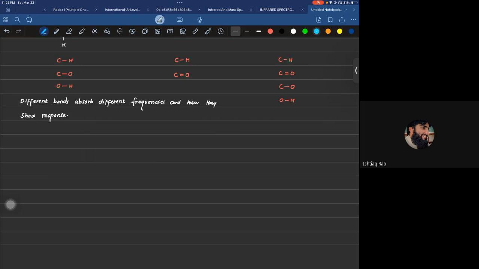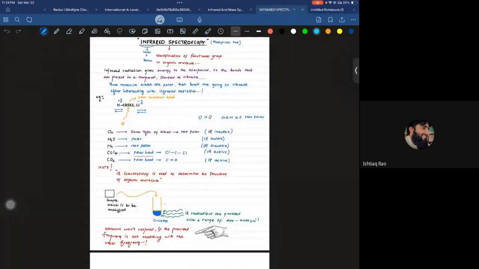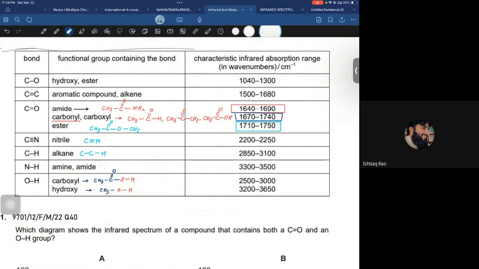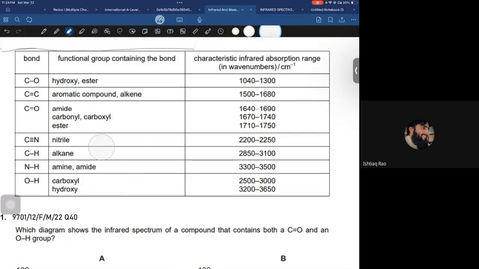But in the data booklet, why are there ranges? Why are there ranges? Let me take a screenshot of that so that we can relate.